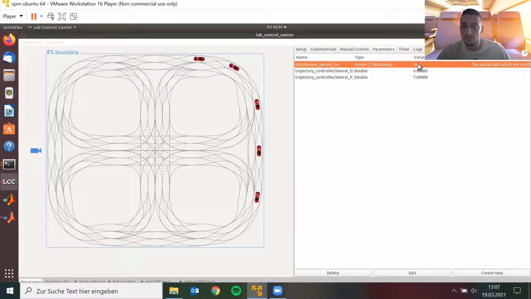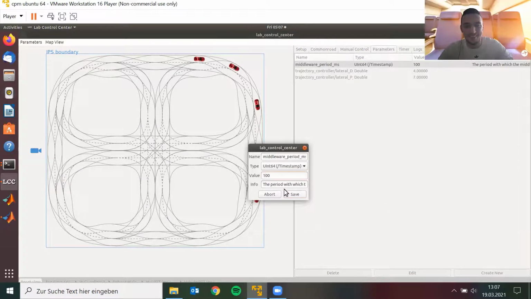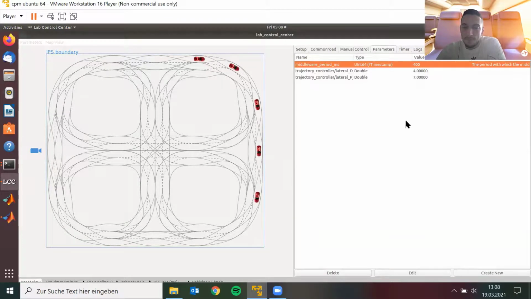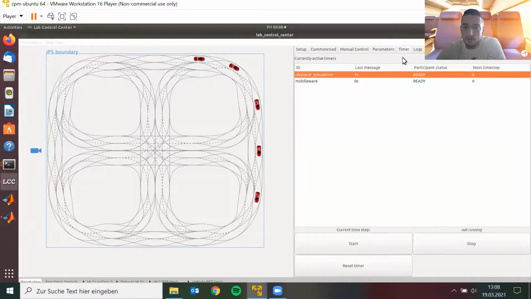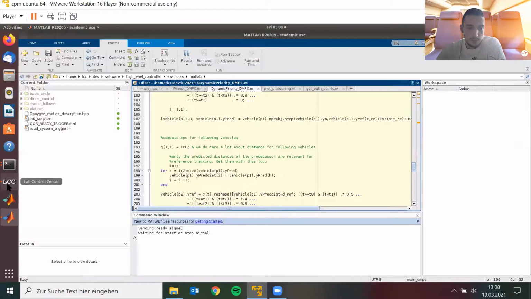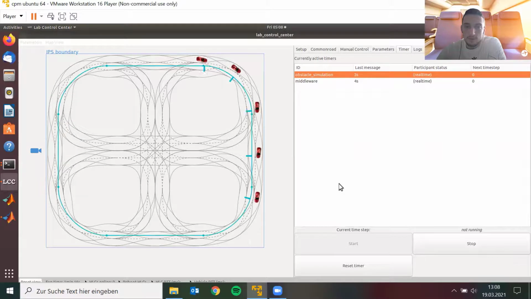It should be possible. Okay. Let's see. I never tried. Looks good, actually. MATLAB's also not complaining. Okay, let's see.